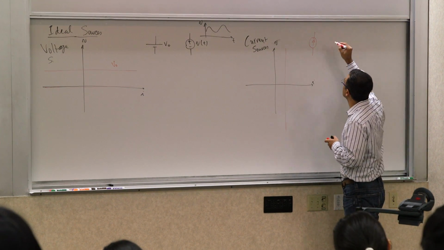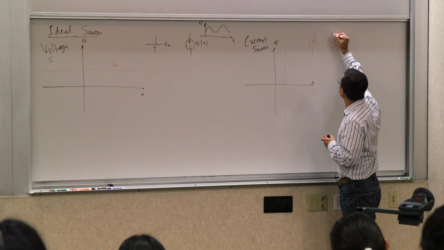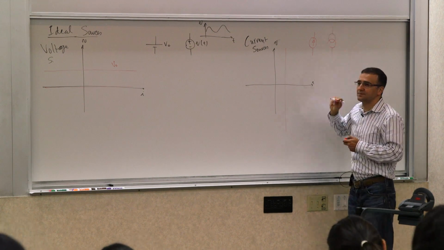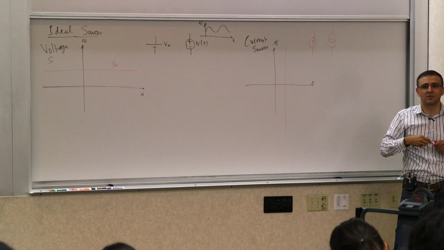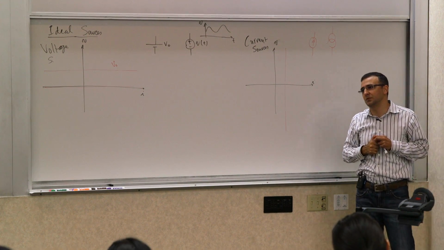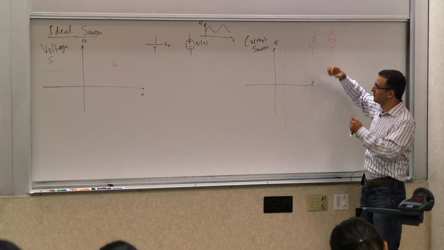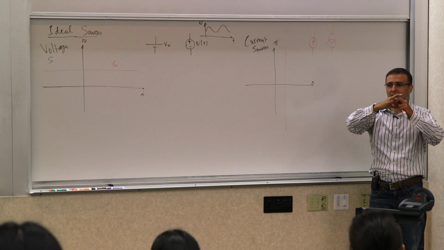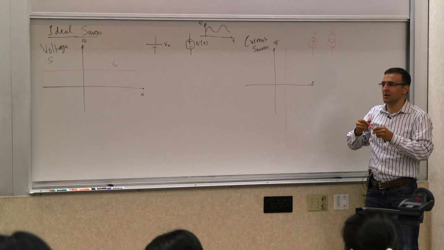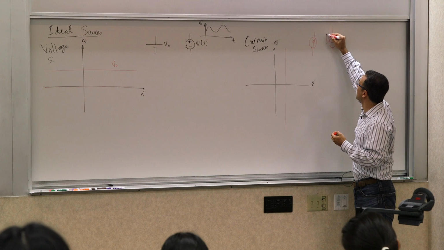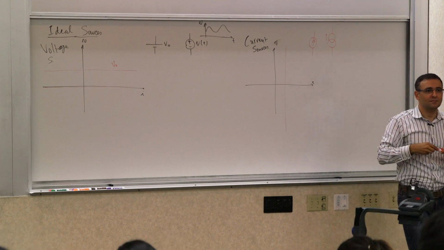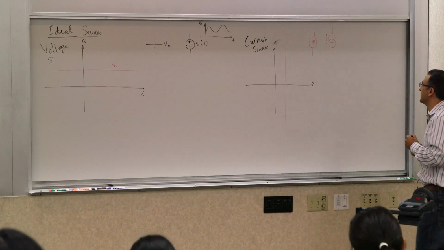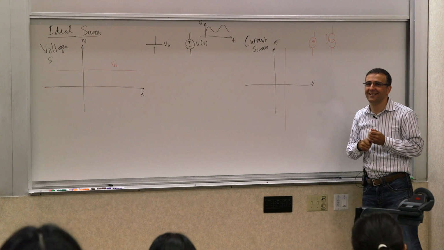It's less commonly used, but it is used. It's like this. So that's also a current source, if you see. That's two interlocking circles. Yeah, you have to put some sort of marking on it. That's why this is preferred.